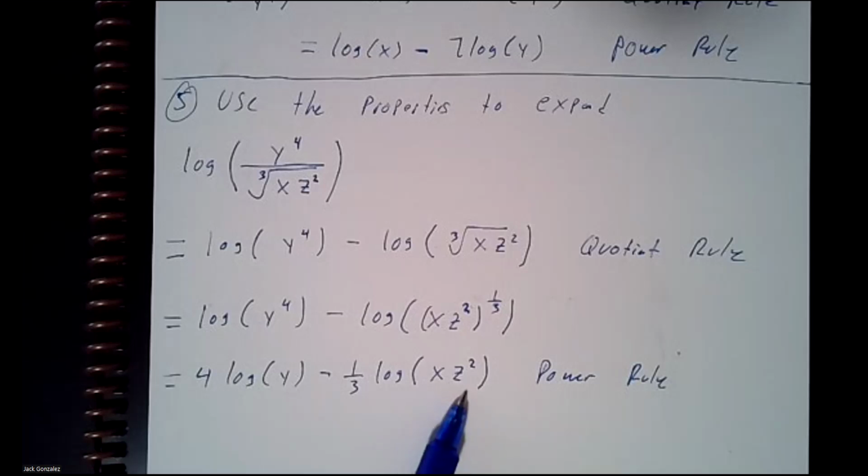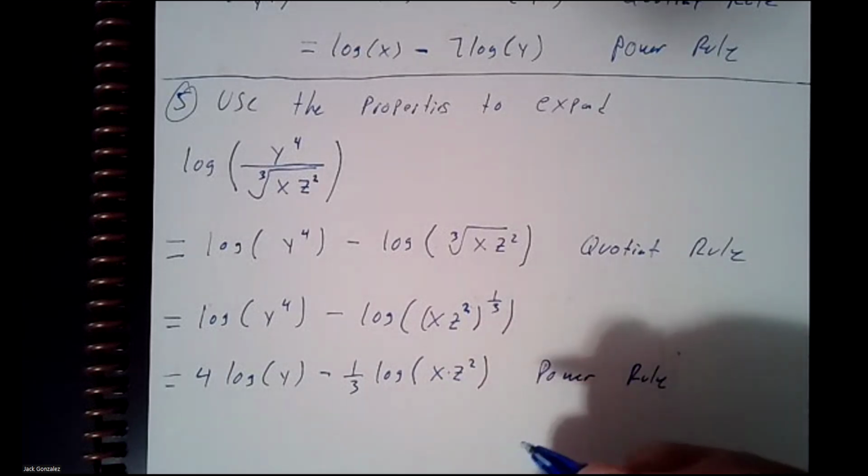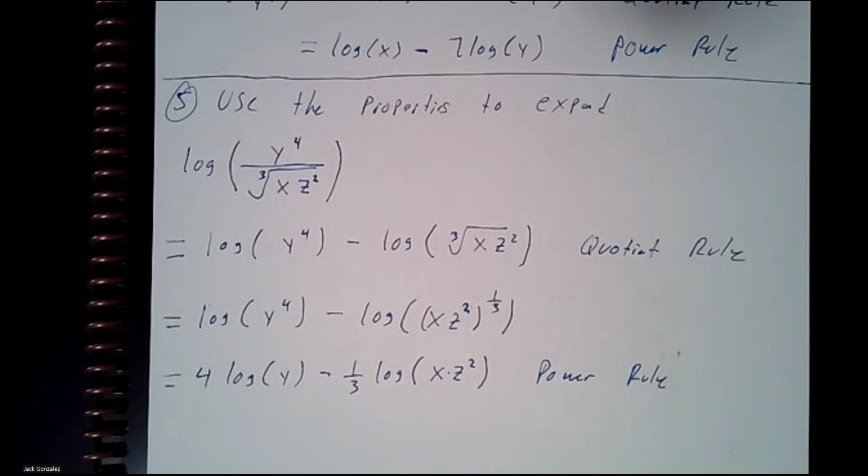What do you see on the inside? Yeah, there's two variables, and what are they doing to each other? Yeah, so we have a product, so we should do the product rule on that part.